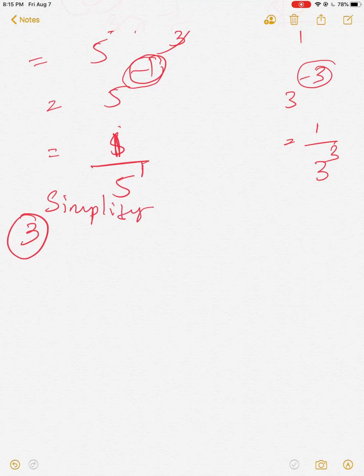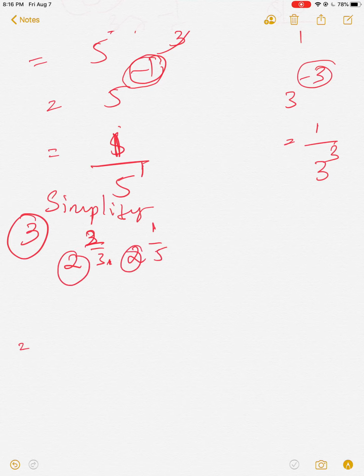In simplify, the first question is 2 raised to power 2 upon 3, multiplied by 2 raised to power 1 upon 5.